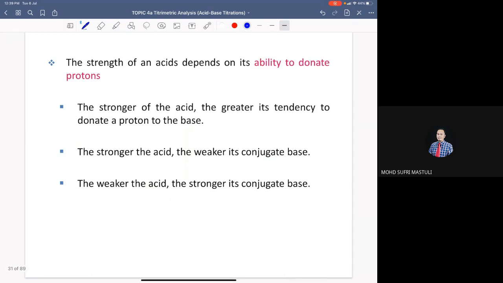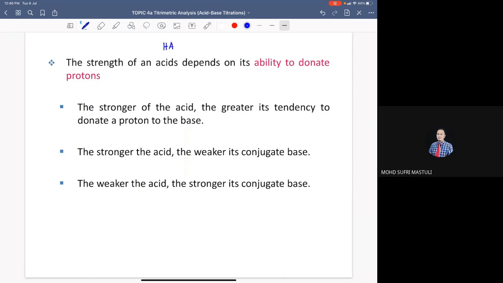All right. As we mentioned just now, the strength of an acid or base depends on the degree of dissociation. So the strength of an acid depends on the ability to donate the proton, because the general formula for an acid is HA.